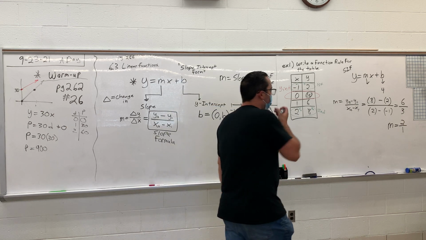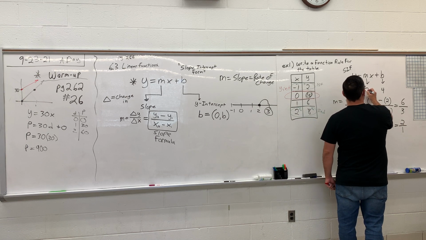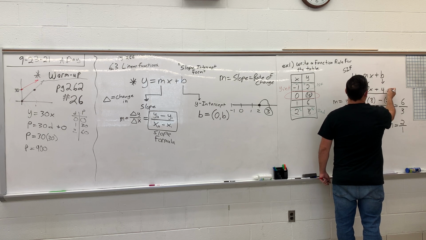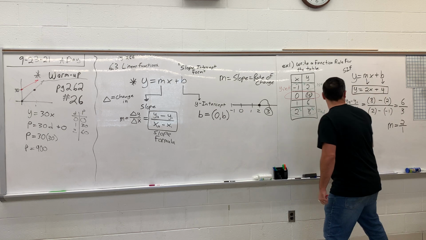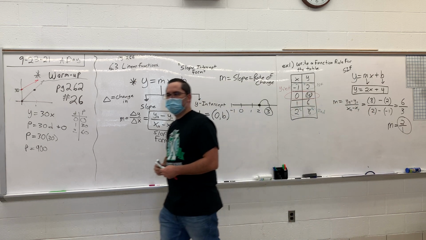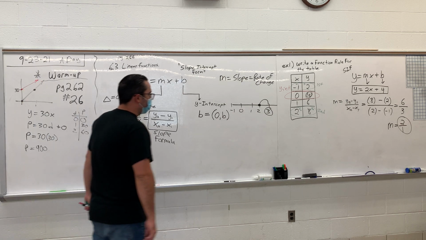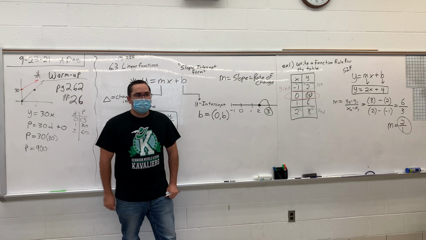But it doesn't have to be a fraction, so we can write our slope as 2 over 1, or it could just be 2. Okay. Questions?